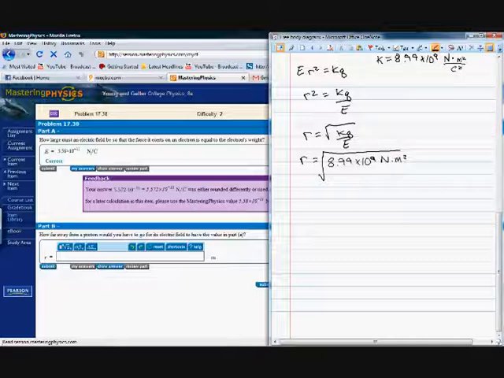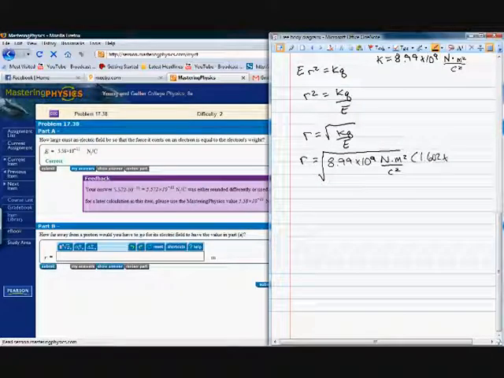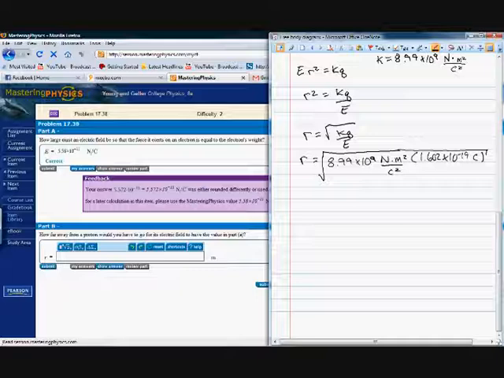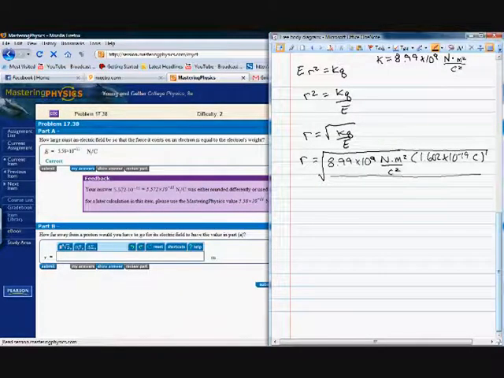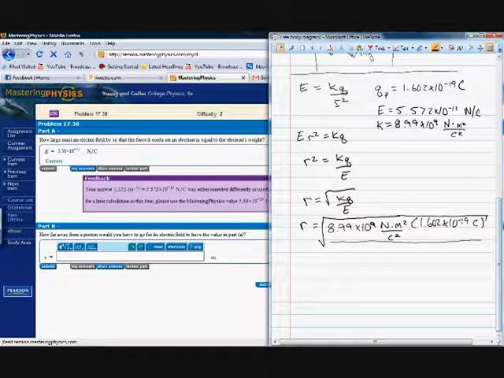I'm going to go ahead and put in the units and show you how they all cancel. 5.572.